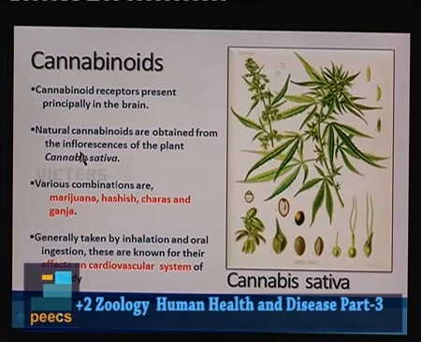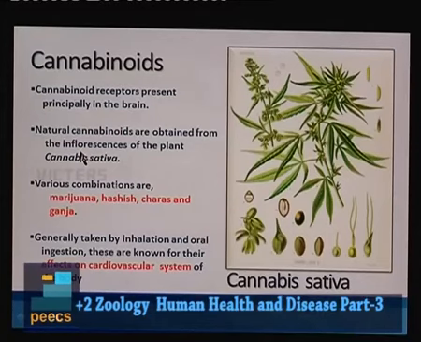Sometimes from the inflorescence, sometimes from the leaves, stem, latex, people obtain different products of the cannabis plant. All these products contain a substance called tetrahydrocannabinol.